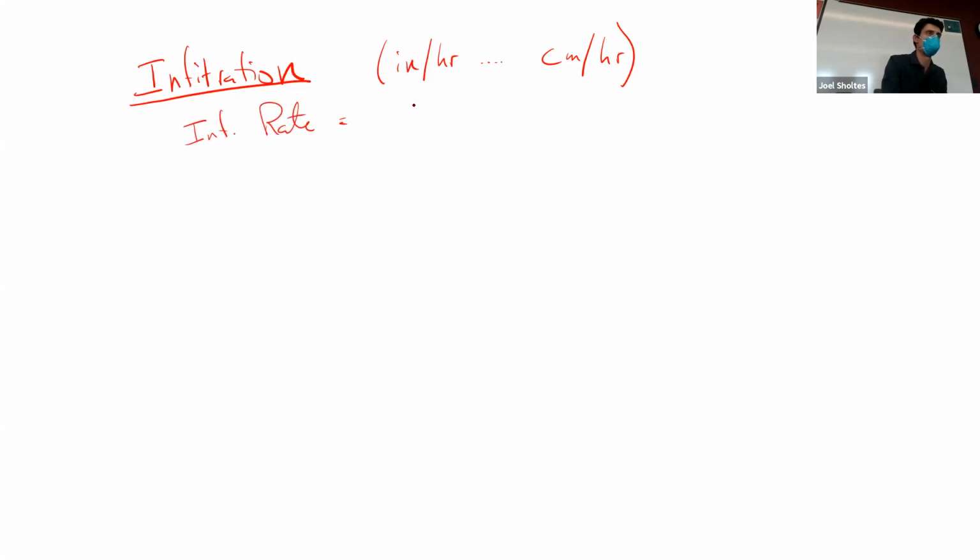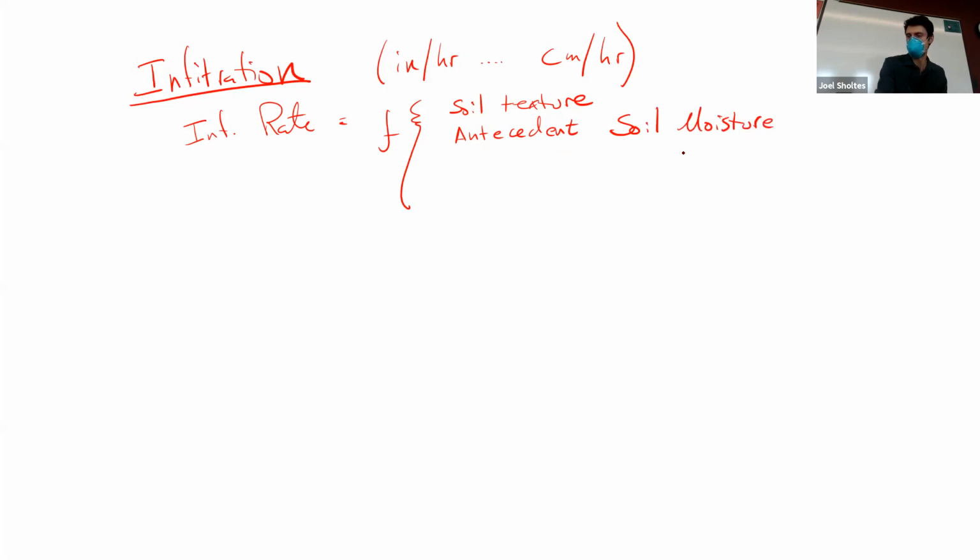So our infiltration rate, as we talked about, is going to be a function of many things. First and foremost is the soil texture. What's called antecedent soil moisture. The soil compaction or porosity.